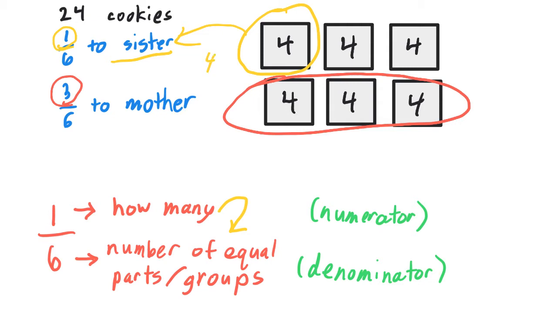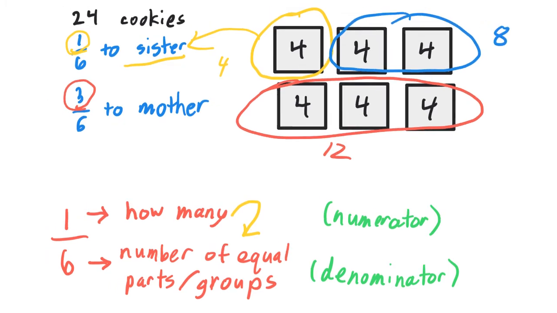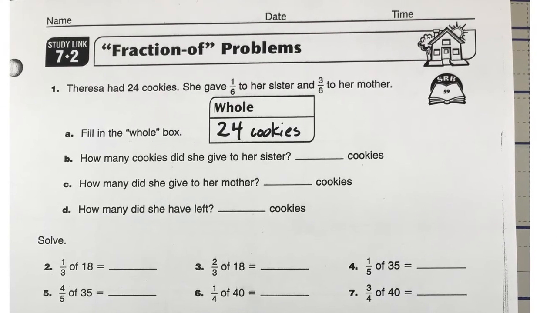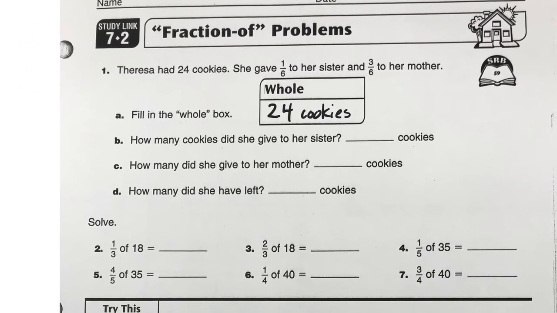And the mother is going to get 4 plus 4 plus 4, or 4 times 3. The mom's getting 12 cookies. And then what's this here? Well, that's what's left over. So there are 8 left over. So be sure to draw your own version and show your work. But that's how you can figure out those answers.